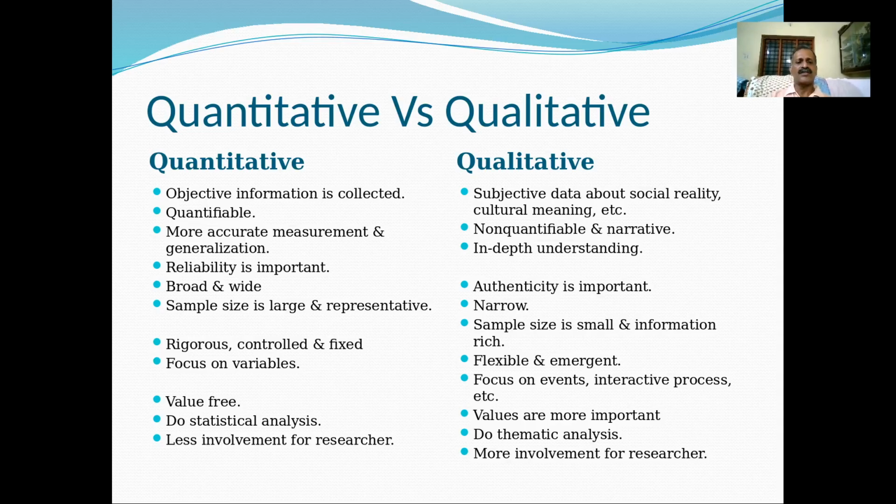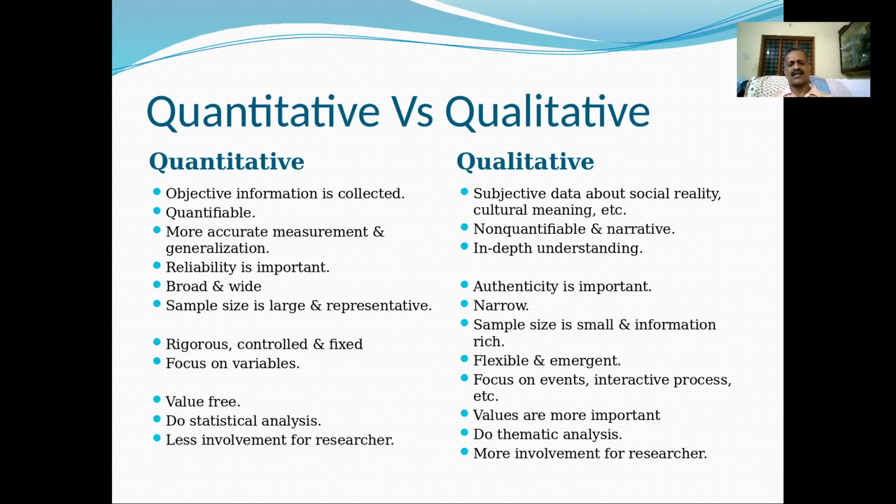Now, the quantitative data is broad and wide in nature, whereas the qualitative data is narrow in nature. Quantitative data is rigorous, controlled, and fixed.